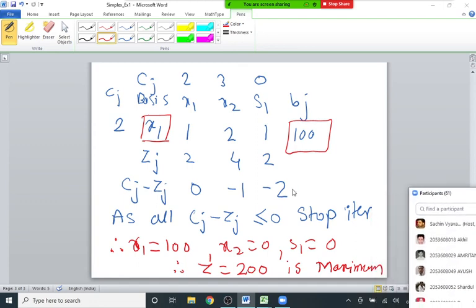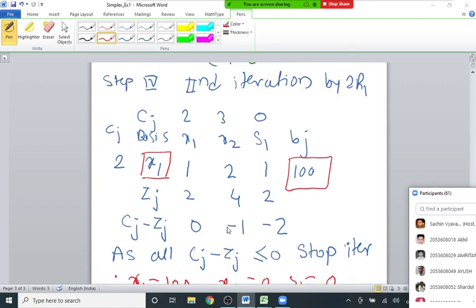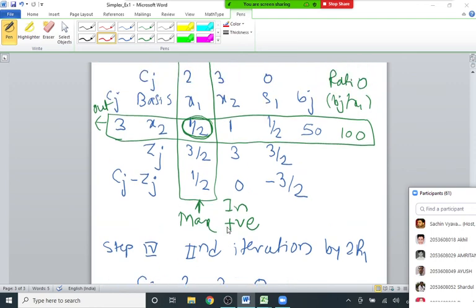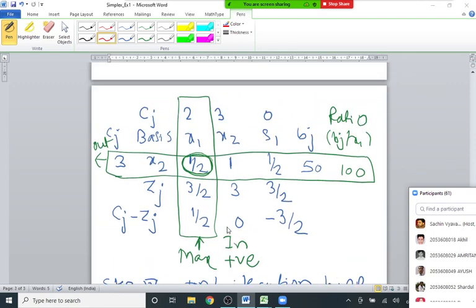But let me come to the previous tables, and I will tell you a few of the things that happened there. If you observe the previous iteration, the basis variable we said as x2 always takes the entire value of bj.